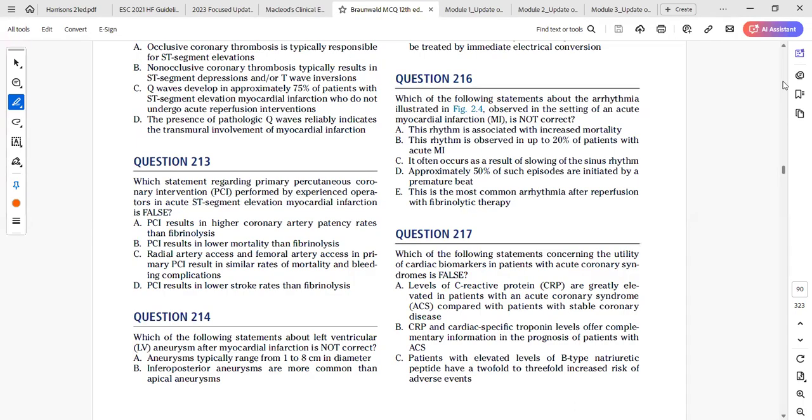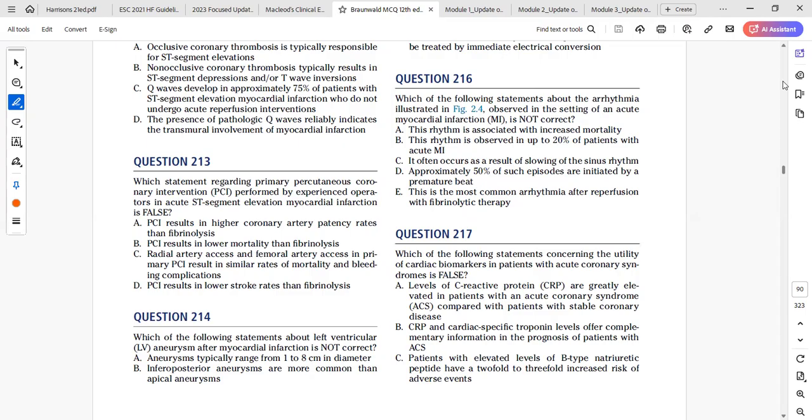This option is true because C-reactive protein is used to predict long-term outcomes in acute coronary syndrome and coronary artery disease generally. And it's said to be increased as a result of inflammation of the atherosclerotic plaque.